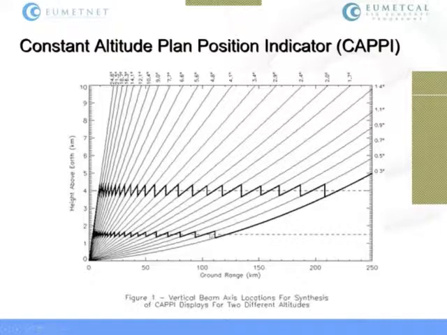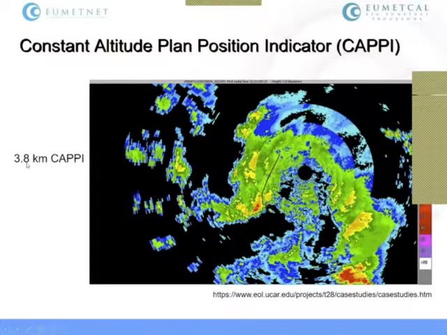From all the elevation angles available in a volume scan, the algorithm chooses just those where the radar beam intersects the clouds at a certain level. For example, here you can see that a CAPPI would be at 4 kilometers, and here at 1.5 kilometers. In this picture, you see a CAPPI image of the reflectivity.